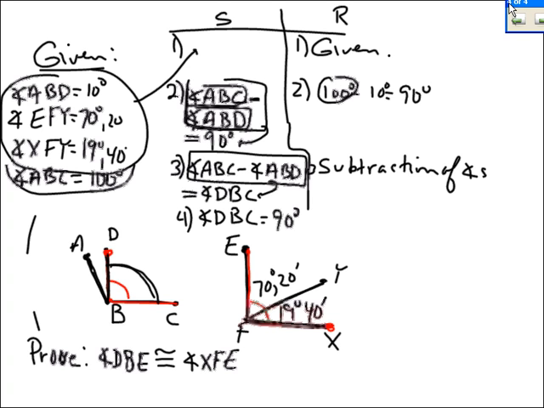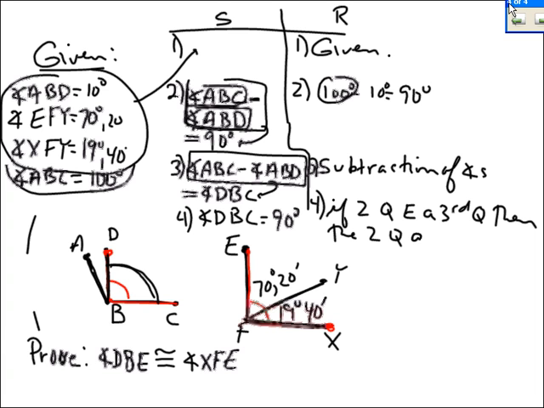And reason number 4 is going to be, again, if two quantities equal a third quantity, then the two quantities are equal.